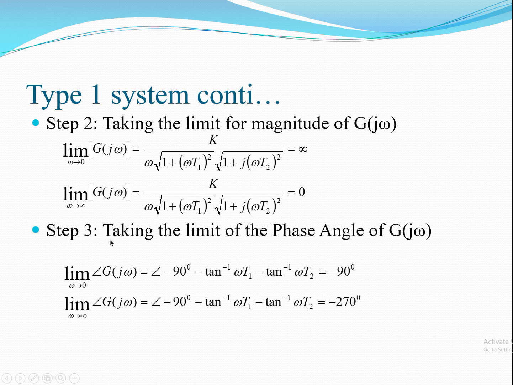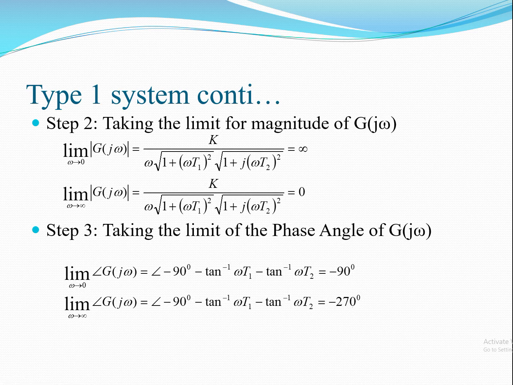Taking the limit of phase angle, it starts from minus 90 degree and at omega equal to infinity ends at minus 270 degree. So we have the starting and ending points of magnitude and phase angle. Starting will be infinity, ending at 0. Starting angle is minus 90 degree, ending angle is minus 270 degree.